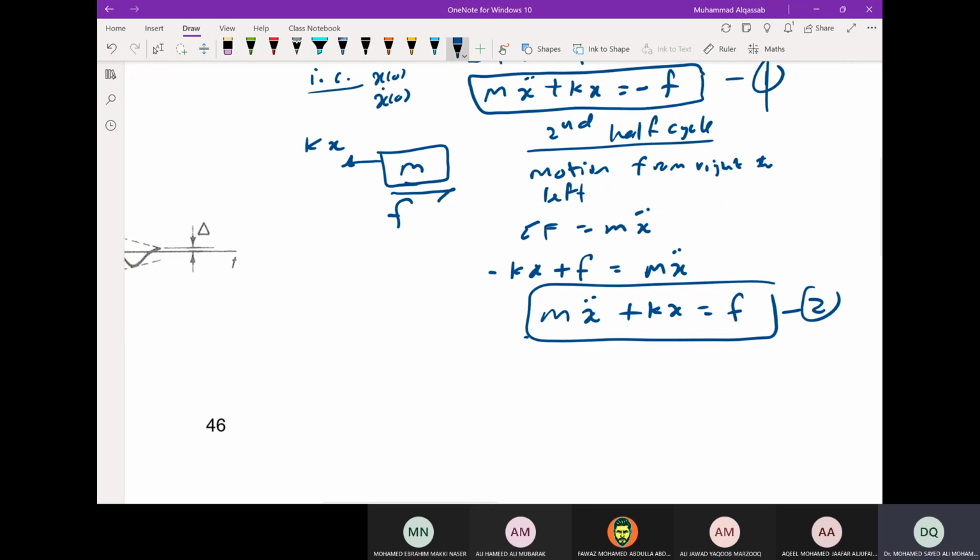Initial conditions for the second half cycle, x, not at 0 here, should be obtained from the previous solution, obtained at the end of the first half cycle.